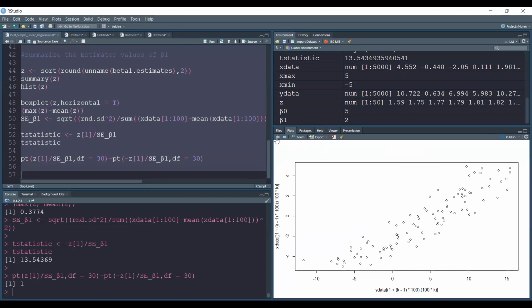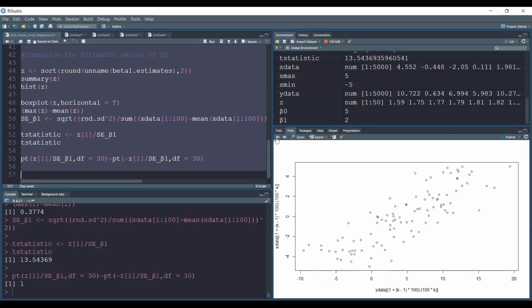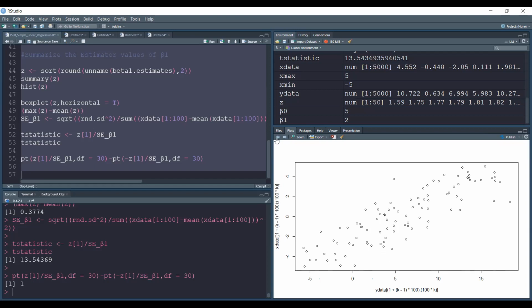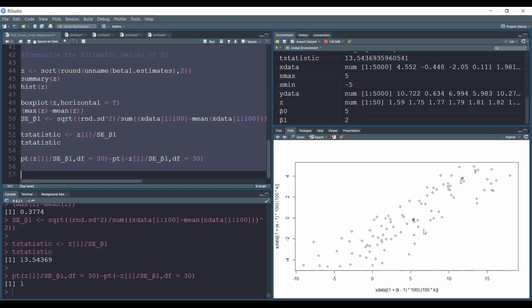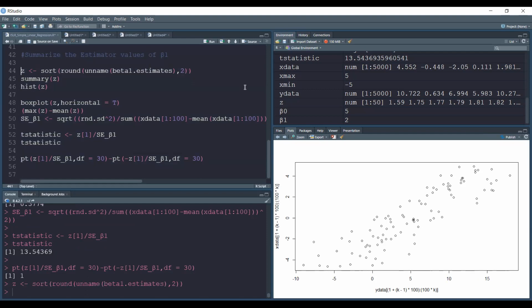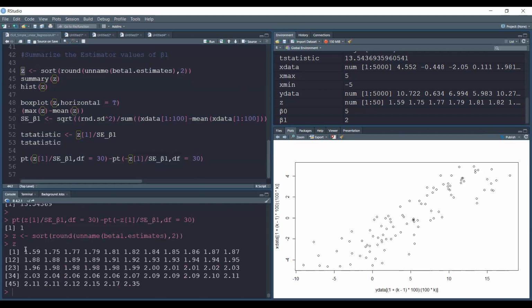So we're interviewing people, for example, and we're all going to have, or at least one would expect, that we will all have slightly different values for our beta naught and our beta 1. And these beta 1s are, at least for the data that I'm using over here, these 50.